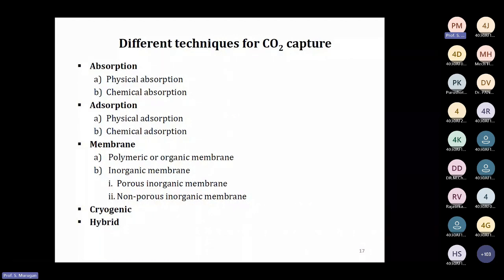In membrane carbon capture, normally we have two types. One is using polymeric or organic membranes for carbon capture. Second one is using inorganic membranes. In inorganic membranes, you have two types: porous inorganic membrane and non-porous inorganic membrane.